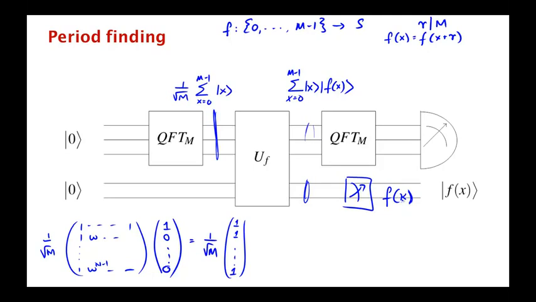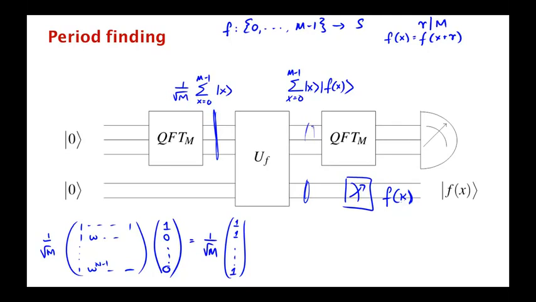And then you renormalize to get a unit vector, meaning what we'll end up with is a superposition over all those x's such that f of x equal to f of k. But what are all those x's? Well, they are k, k plus r, k plus 2r, and so on, because this is a periodic function with period r.